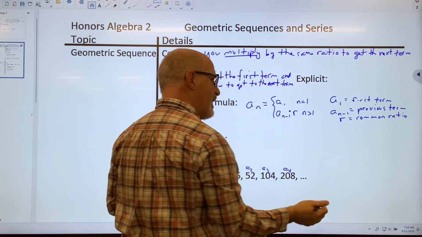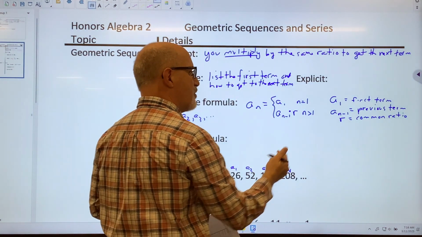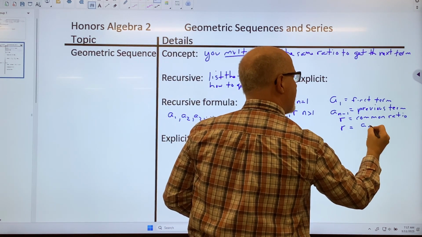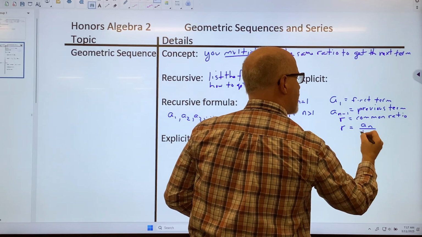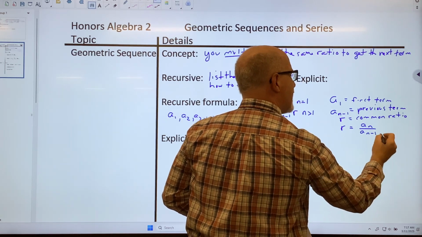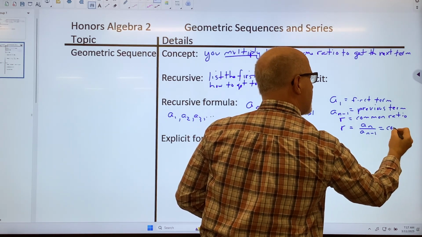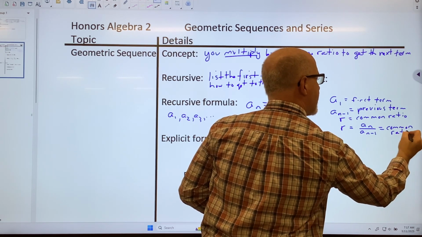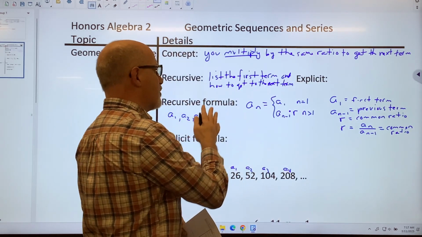And how you find r is that you take any two terms. You take, for instance, a sub n and divide by its previous term to get that common ratio. Okay, so that's the recursive formula.